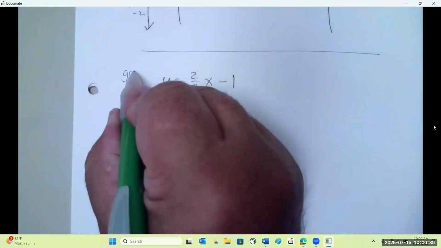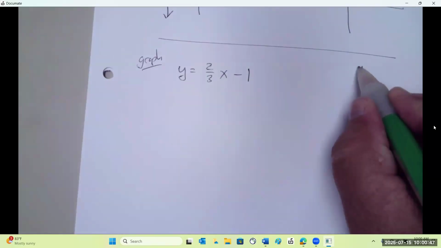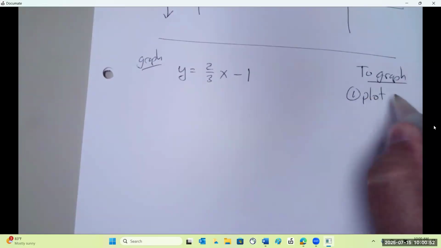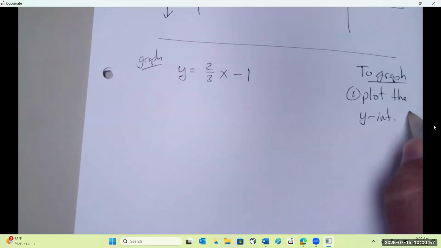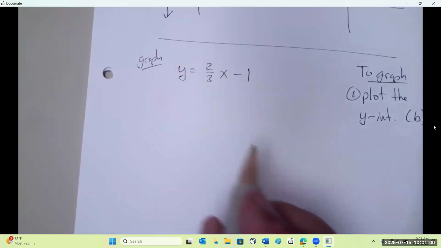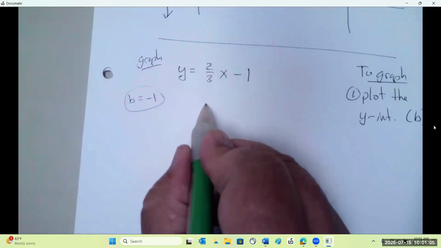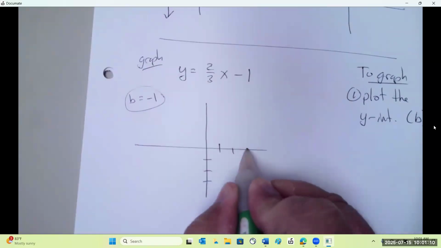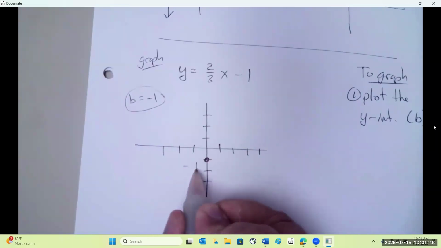How would you graph this one now? First up, plot the y-intercept, which is the b value. In this case, b is equal to -1. So we have a point at -1.